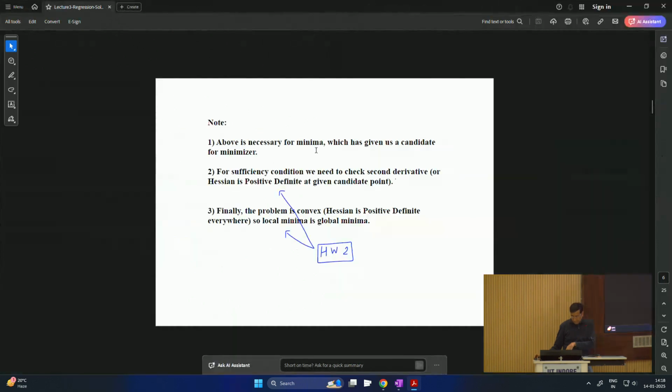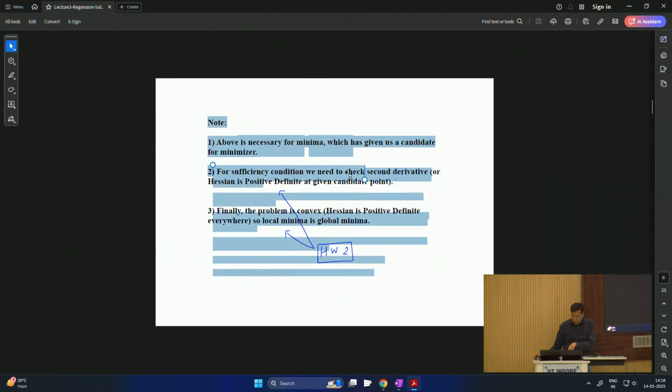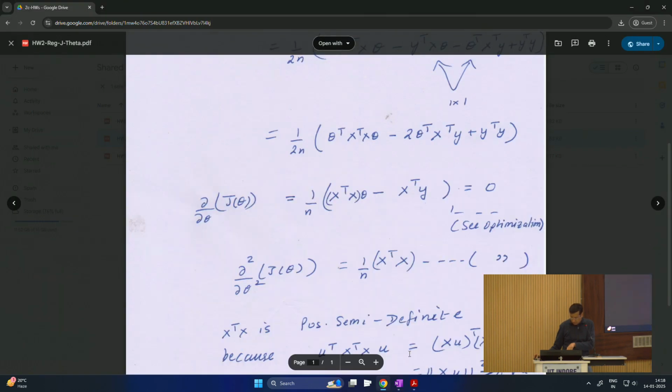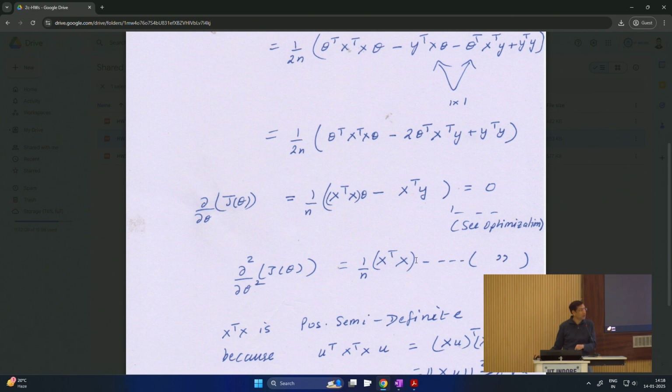When you look for the sufficiency condition, we need to check if the Hessian is positive definite at the given point. The first thing we saw is that the Hessian is x transpose x, independent of theta. Now we have to check whether it's positive semi-definite for convexity.